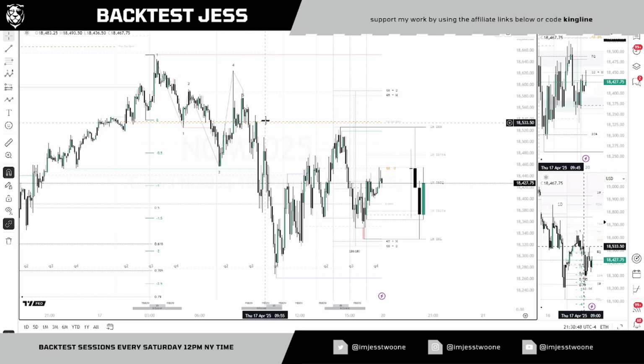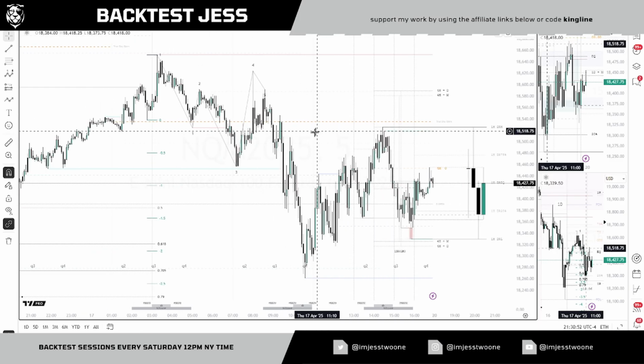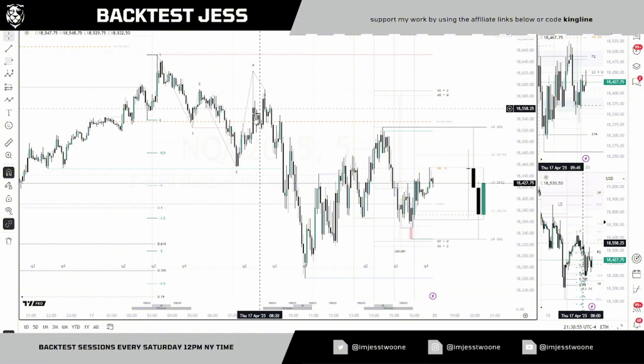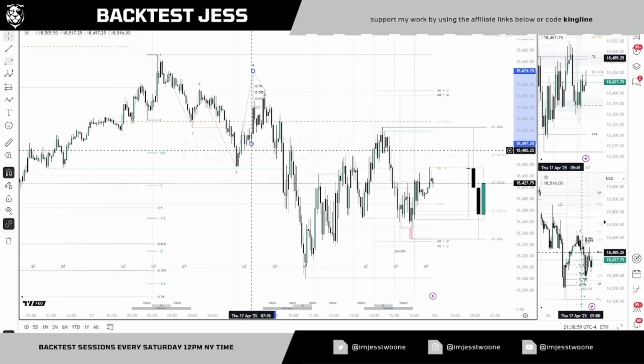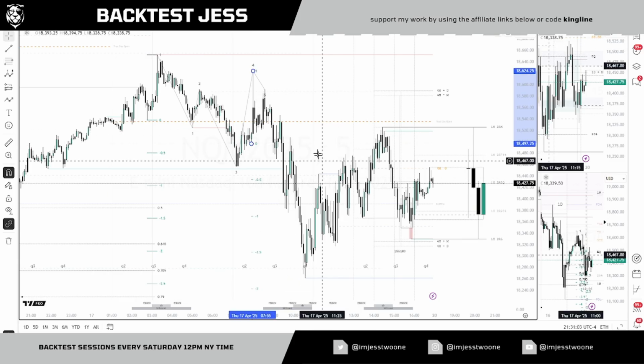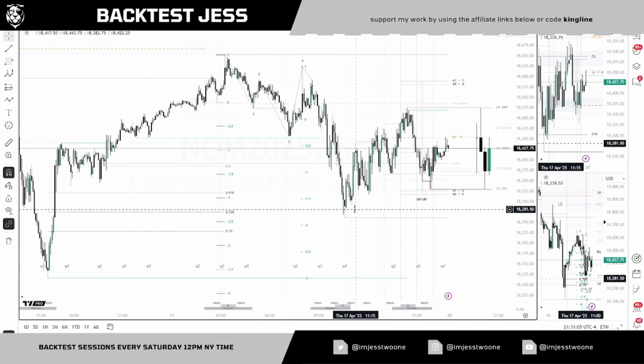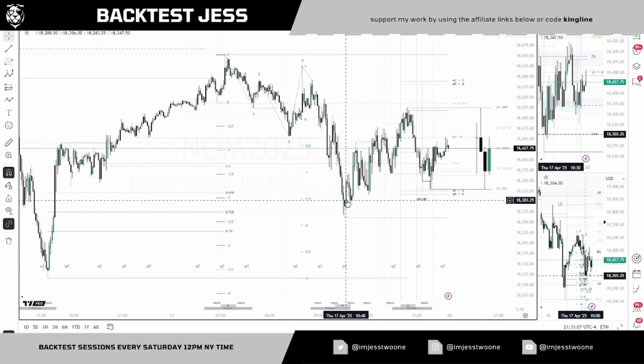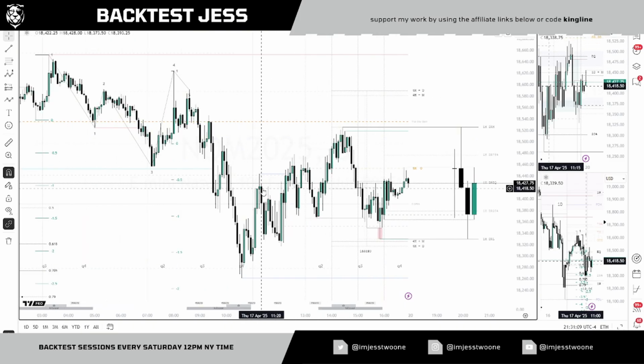So I entered below midnight technically. It did go back to midnight. So I'm assuming then, because I drew a new manipulation. Oh, this was a new manipulation that I drew out after that candle printed. And that's 1.5. Okay, yeah, that sounds right. So I entered on this candle here.